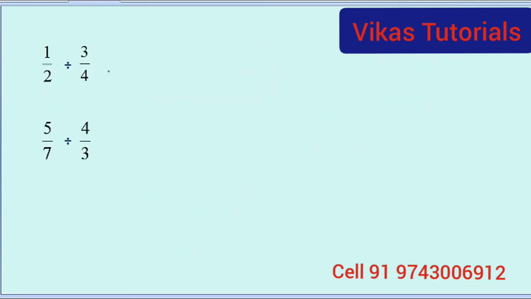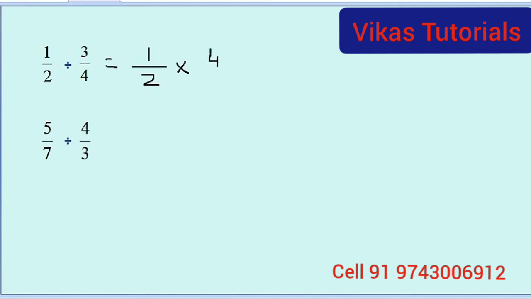Now let's do some divisions. In divisions, what we do, this is 1 by 2 divided by 3 by 4. So the first fraction we write as it is, 1 by 2. Next is the division sign. We change this division sign to a multiplication sign, and this fraction 3 by 4 will be changed into its reciprocal.